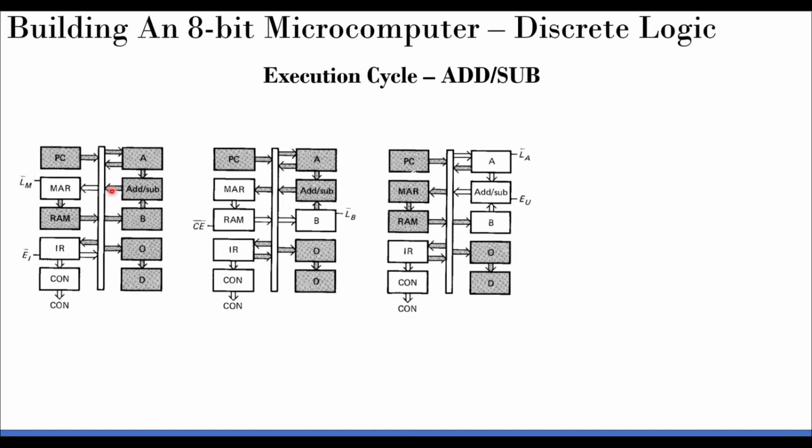So the basic aim is, one, to get data from RAM to register B, right?